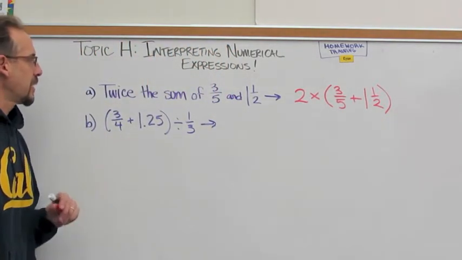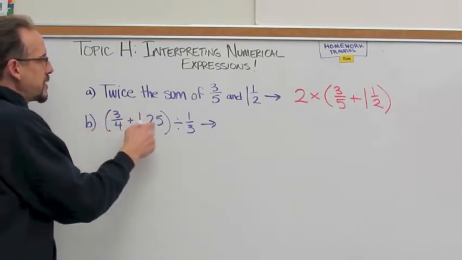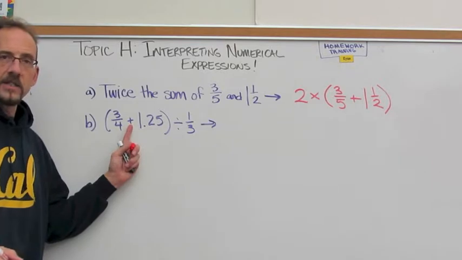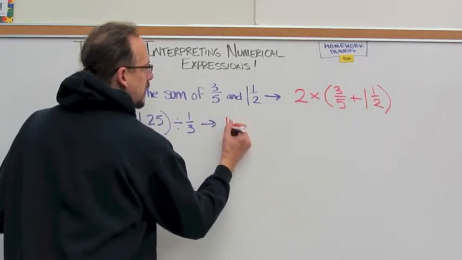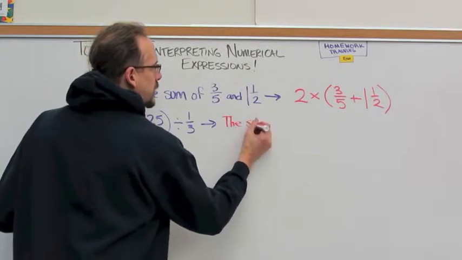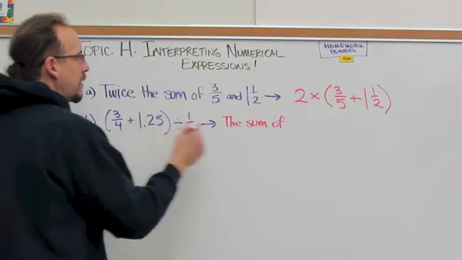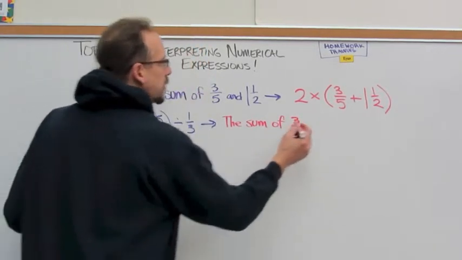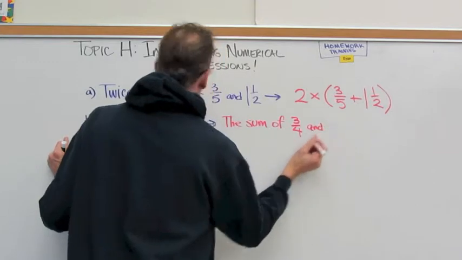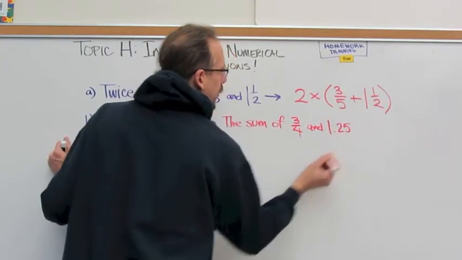Then this, I would look at it and say, okay, it tells me that I need 3/4 plus this. I know that when I see the plus sign, I need to use the word sum. So I'm going to write that. The sum of, and the two things that are being added are these two numbers, 3/4 and 1 25/100.